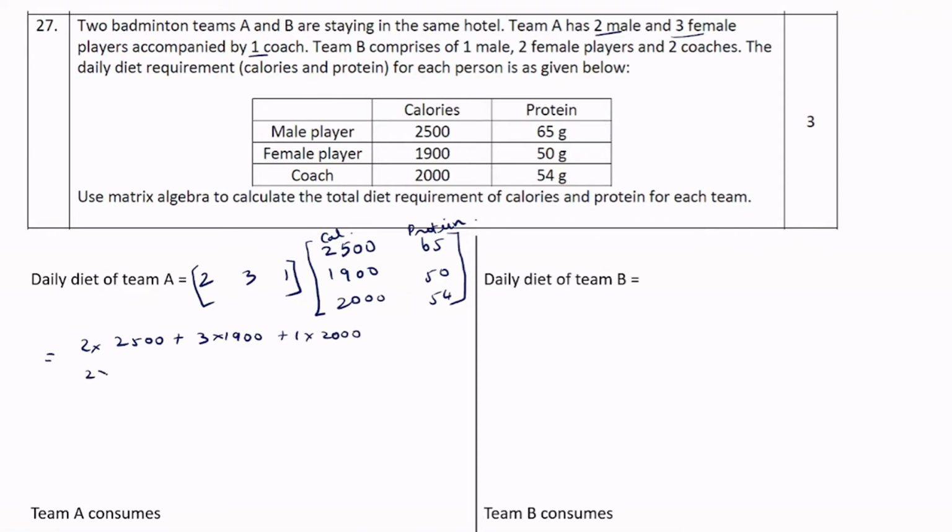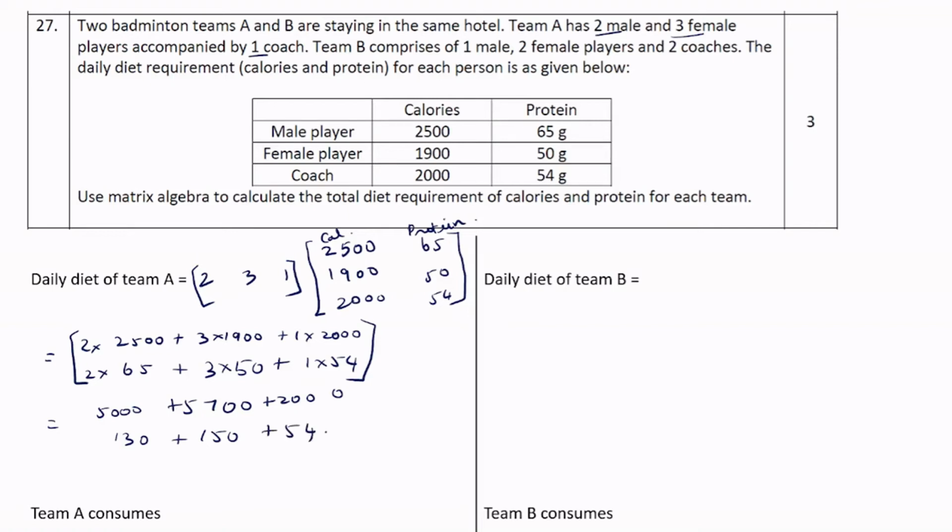And then here we have 2 into 65 plus 3 into 50 plus 1 into 54. So this is 5000 plus 5700 plus 2000. And here we have 130 plus 150 plus 54.